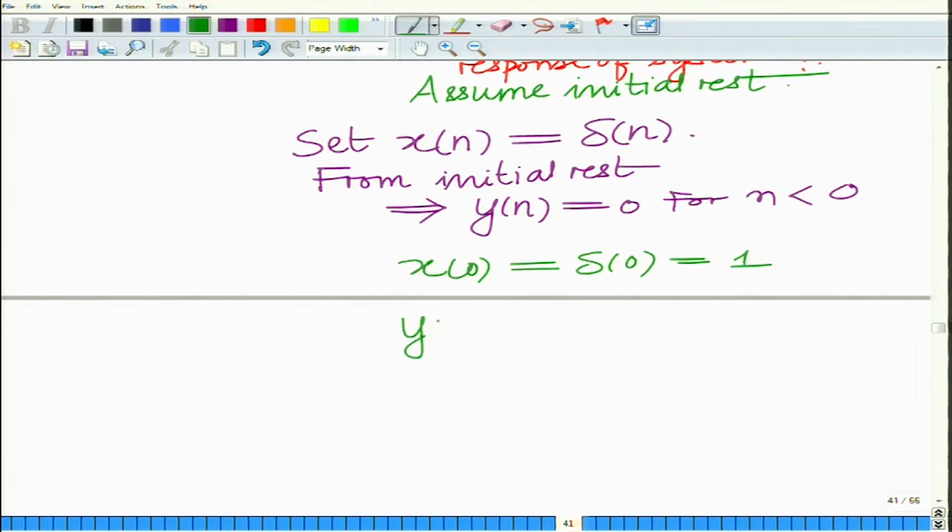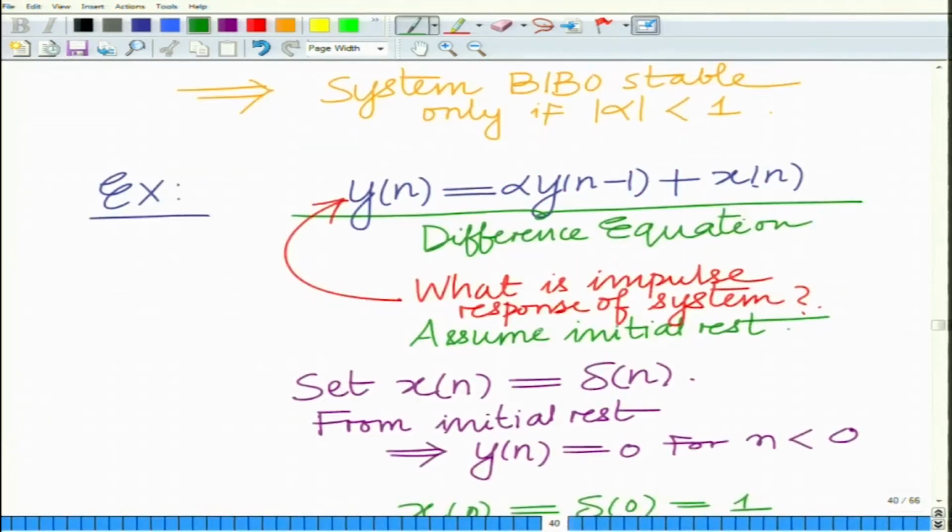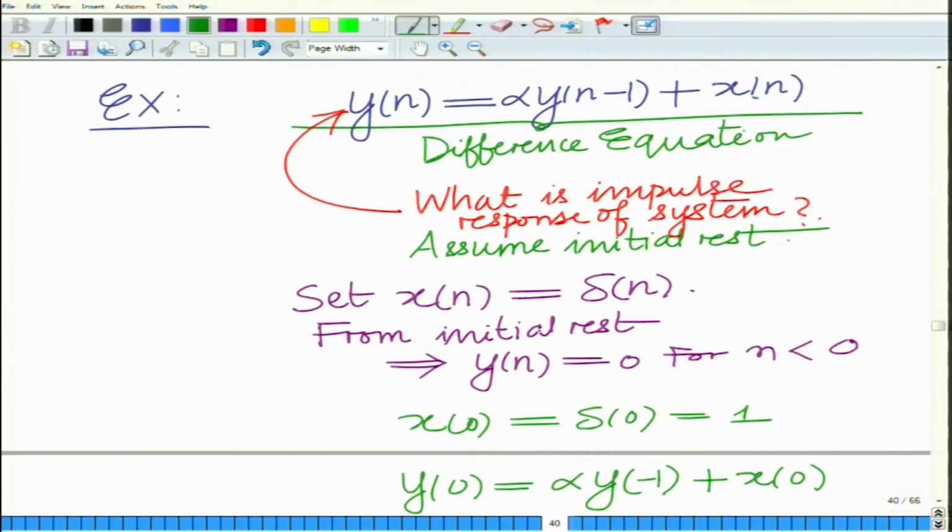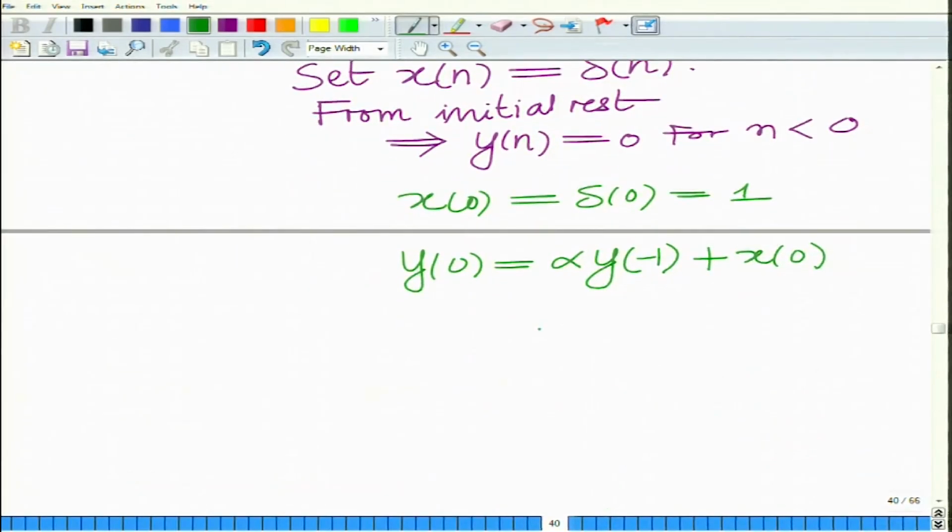From the equation, y of n equals alpha times y of n minus 1 plus x of n. Setting n equal to 0, y of 0 equals alpha times y of minus 1 plus x of 0, which is simply 1, since y of minus 1 equals 0.